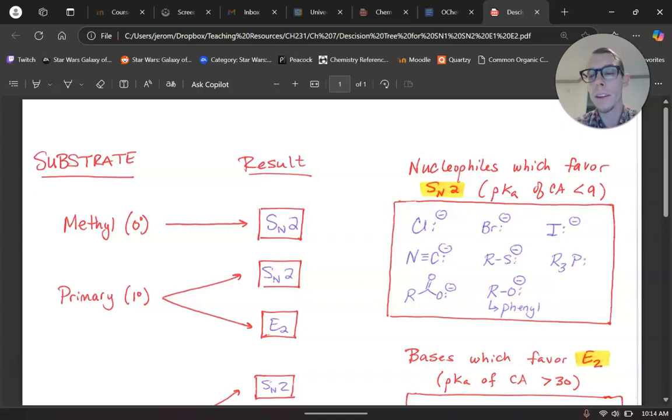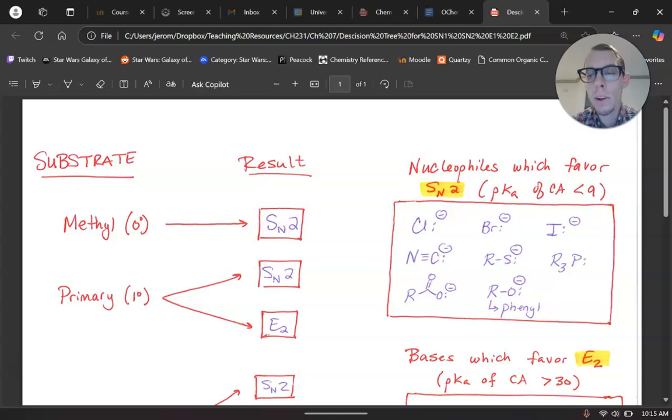So nucleophiles which favor SN2 are often going to have pKa's of their conjugate acid which will be on what we'll call our weaker bases. So we have a bunch of examples here.